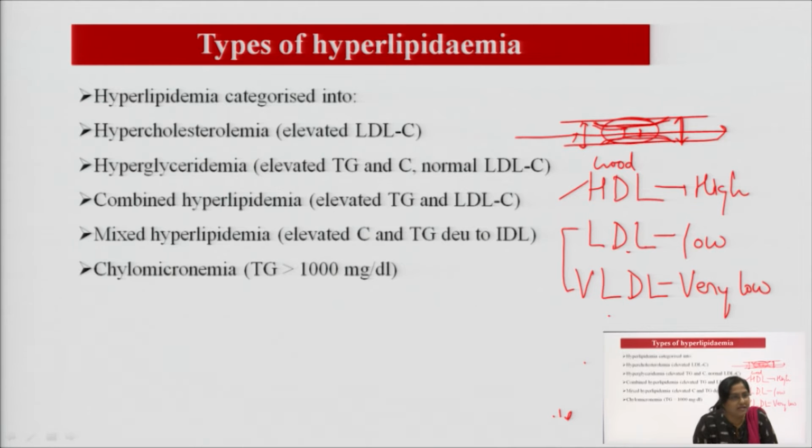Then combined hyperlipidemia, where the person will have elevated triglyceride and LDL cholesterol. Mixed hyperlipidemia, where the person will have elevated cholesterol and triglyceride with IDL. And last is chylomicronemia, that is triglyceride more than 1000 milligram per dL.